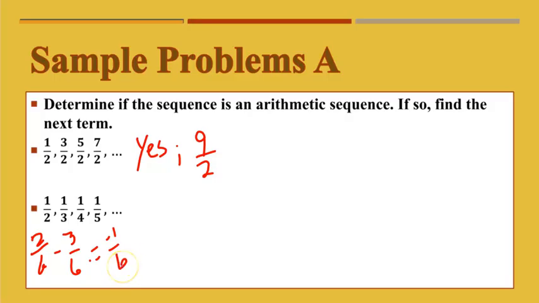Now if I did 1/4 minus 1/3, the common denominator would be 12. So I would have 3/12 minus 4/12, and that gives us a negative 1/12. They're not the same. Negative 1/6 is not the same as negative 1/12, so no, that's not an arithmetic sequence.